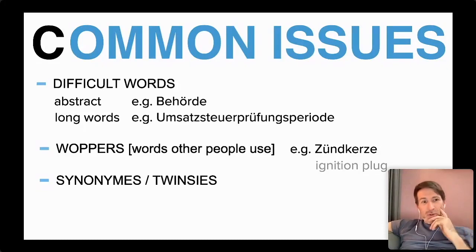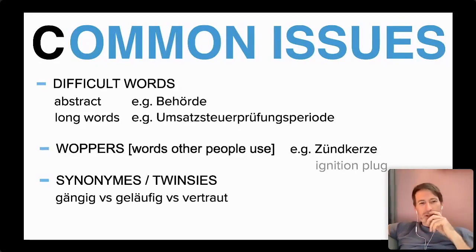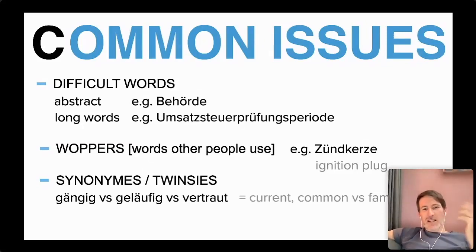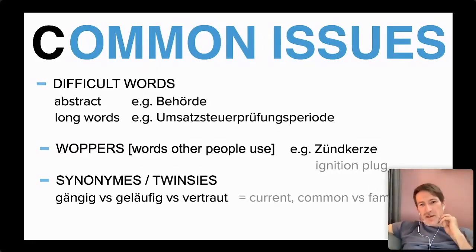Another issue people have is synonyms and twinsies. Twinsies are twins, lookalikes, you can call them actually. So look at these three words, gängig, geläufig, vertraut. I would translate gängig as current, geläufig as common, and vertraut as familiar. They are pretty much synonyms in many ways. You can interchange them freely, but there are limitations.